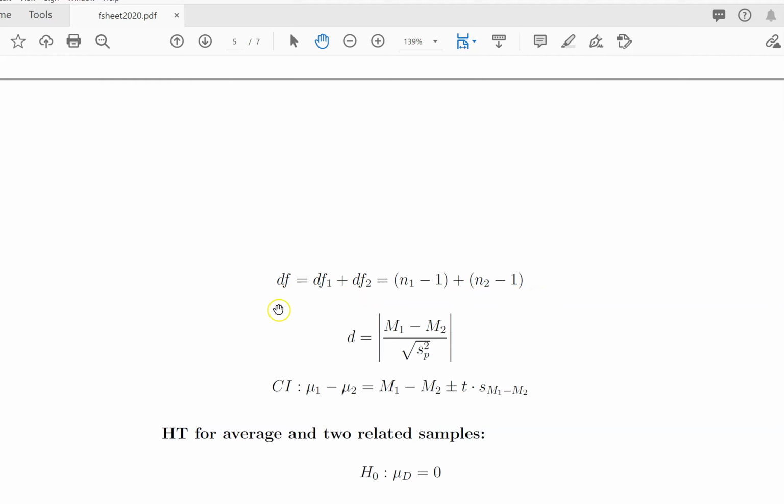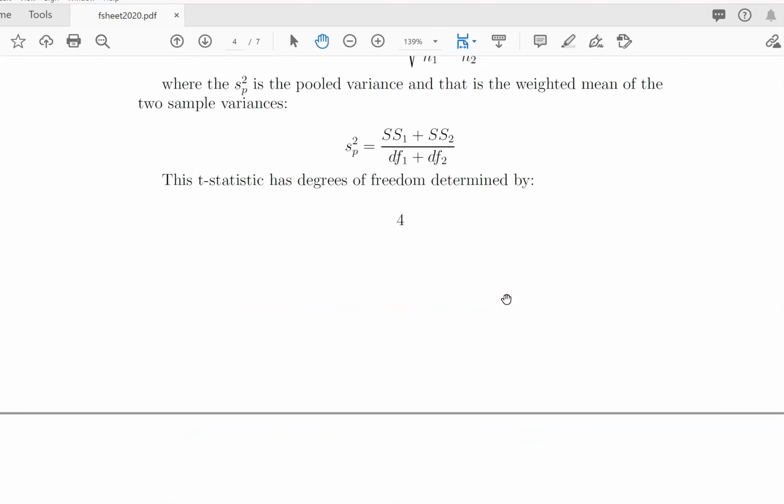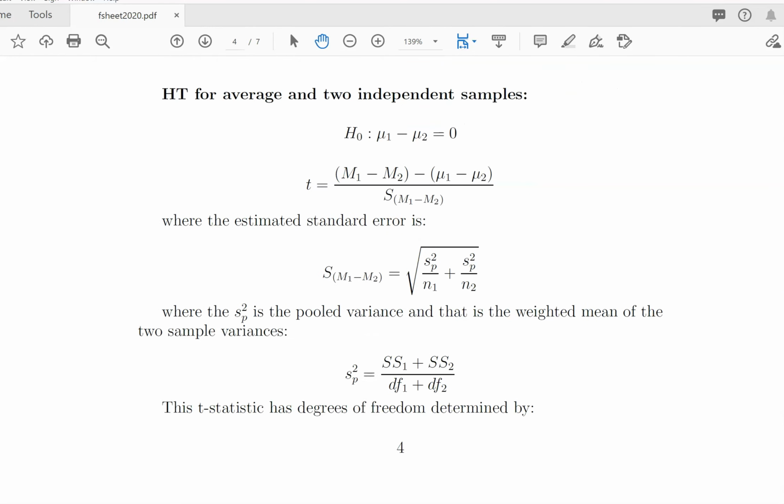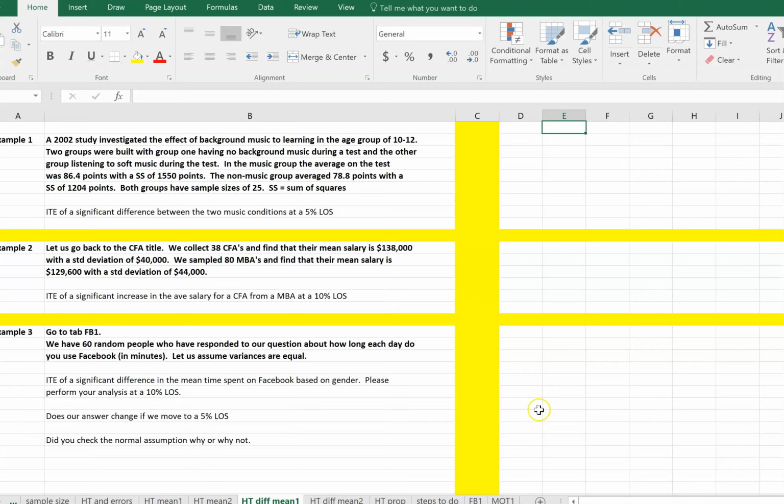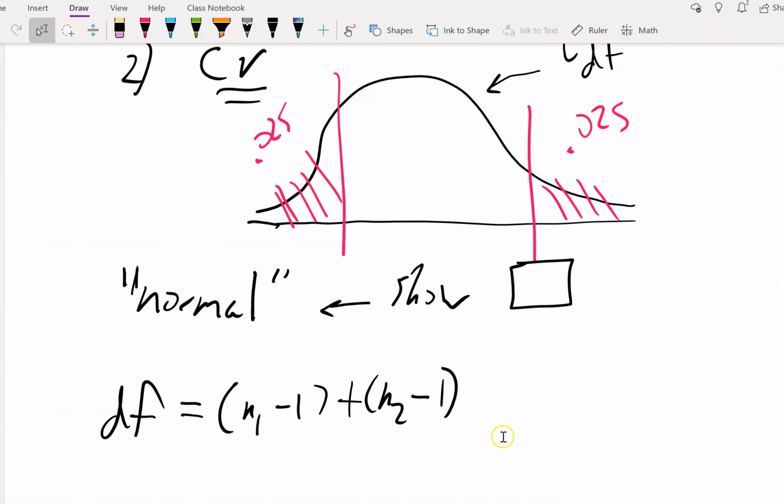So for me to find the critical value, I need to know the degrees of freedom. I need to know what t-curve we're picking on. And so in this case, back to my drawing pad, I know each one had 25, so 25 minus 1 is 24, so it's 24 plus 24, which is 48.